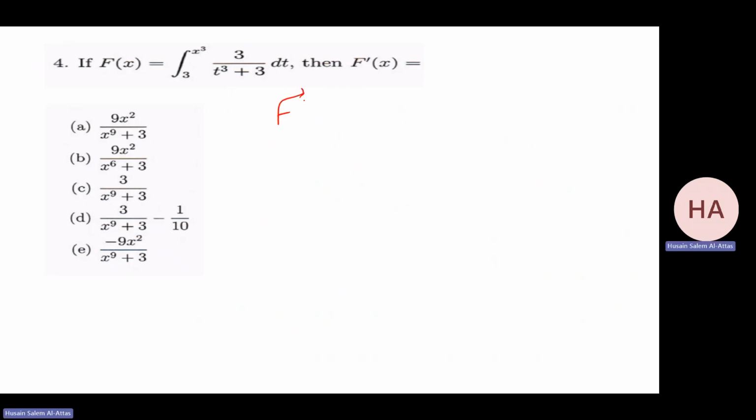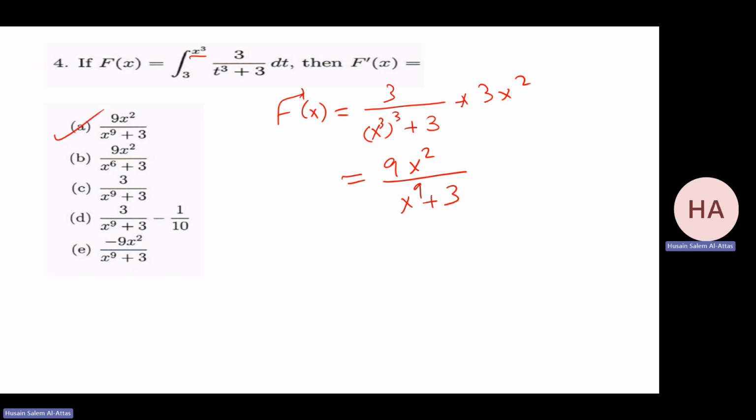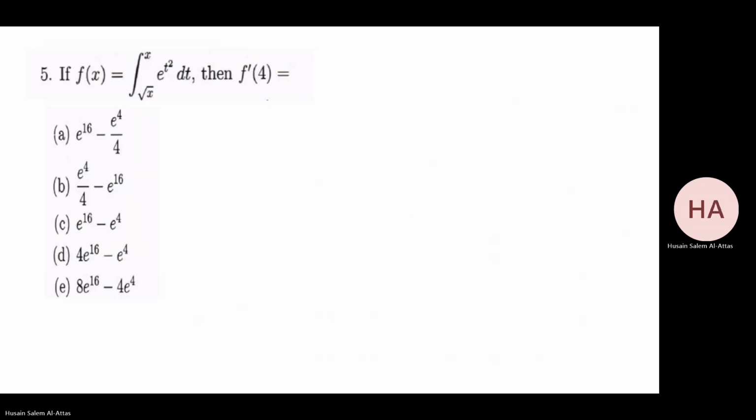F prime will be 3 over x cubed plus 3, times the derivative of this, which is 3x squared. So that gives me 9x squared over x to the power 9 plus 3, which is this one.